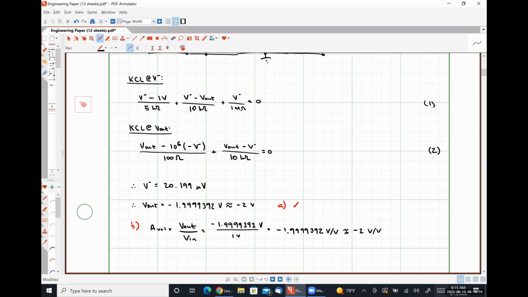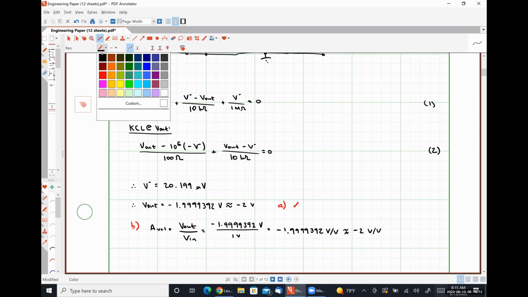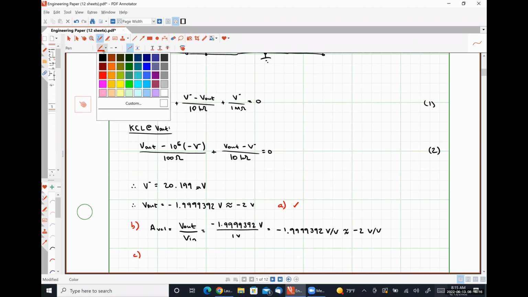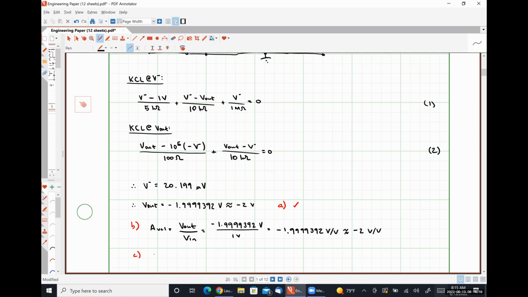All right, our next thing to determine, part C, was our differential voltage VD, which is always defined as the voltage at the non-inverting input terminal minus the voltage at the inverting input terminal.